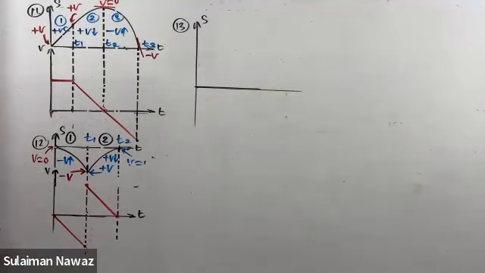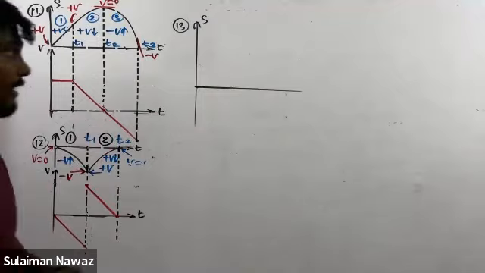Now this graph contains how many sections? One, two, three, four. There are 4 subsections in the graph.